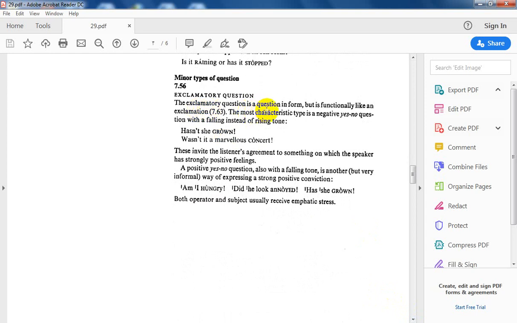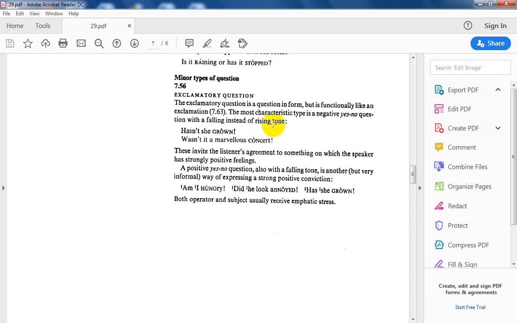It is a question in form, in appearance, but functionally like an exclamation. As a form, it is a question. As a function, it is not. It is an exclamation. The most characteristic type is a negative yes/no question with a falling instead of rising tone.